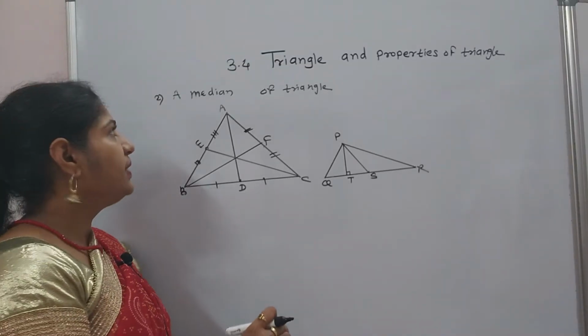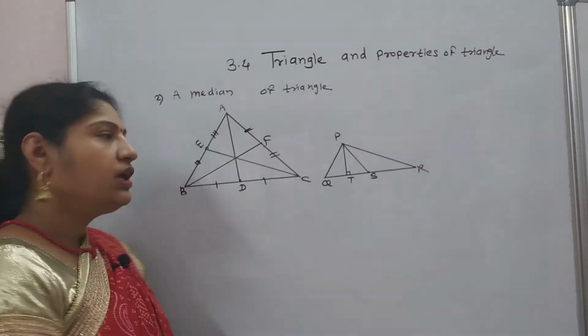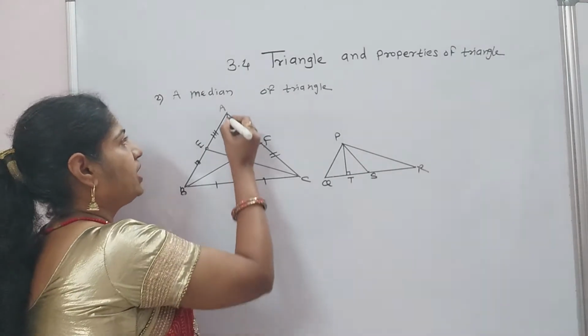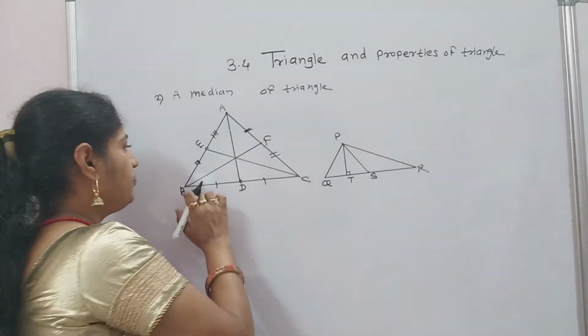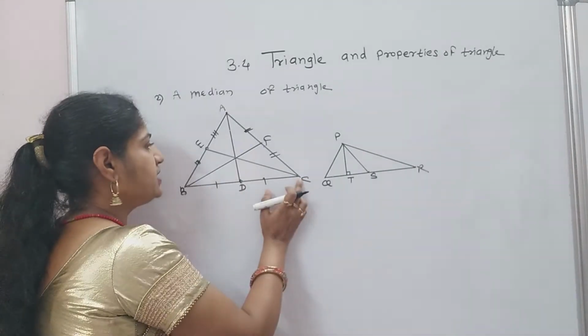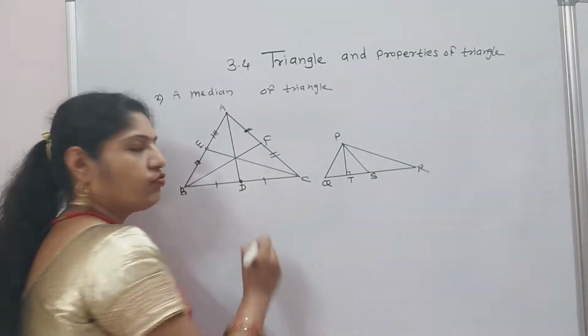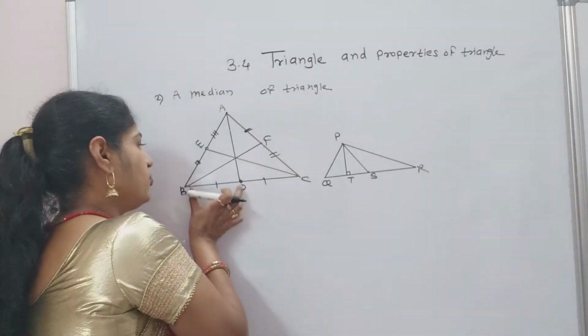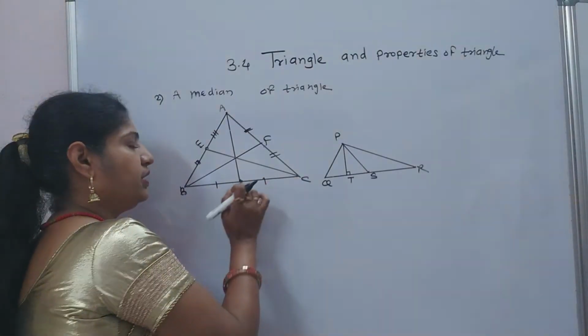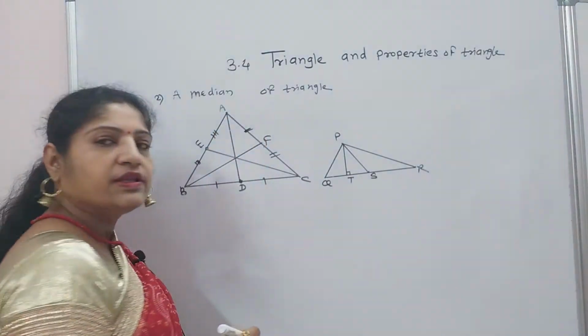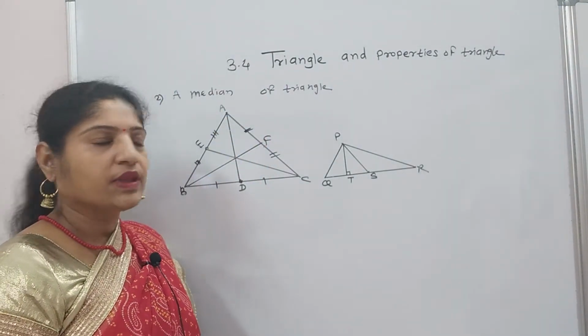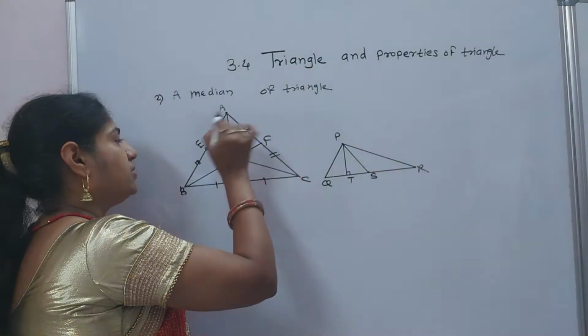Now next is the median of a triangle. If the line segment joins the vertex to the midpoint of the opposite side, suppose BC is 8 centimeters, D is at 4 centimeters, 4 centimeters, 4 centimeters. Take the midpoint of BC and join the vertex A. This is called the median.